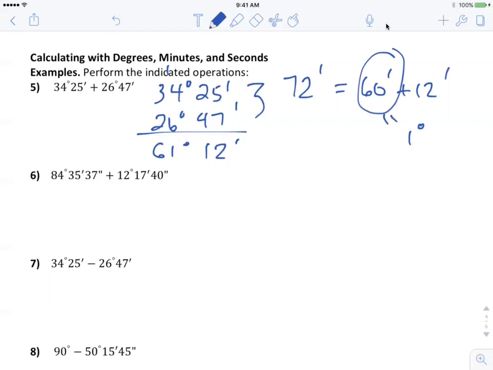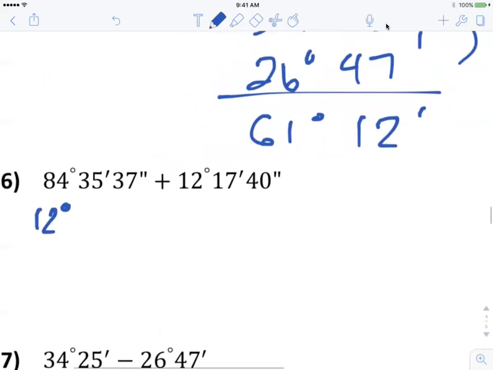How about if we have seconds involved? Let's write it right under here. So I have 12 degrees, 17 minutes, 40 seconds. We're adding that up. If I add those first two seconds, that's 77.